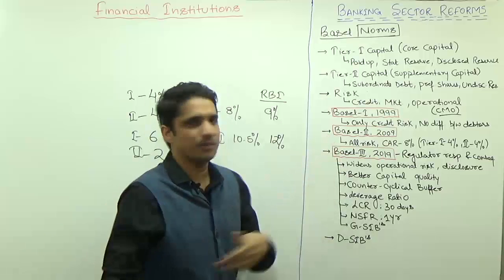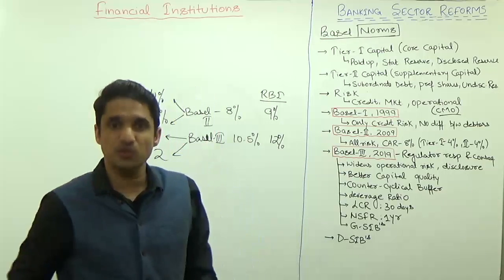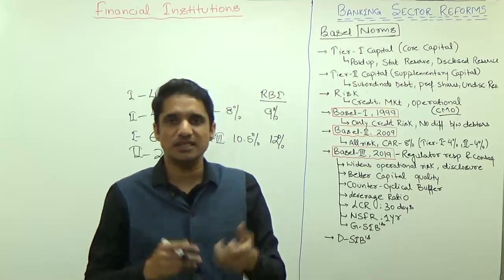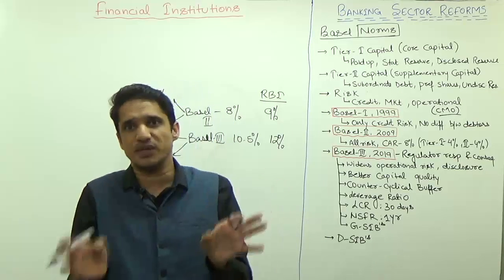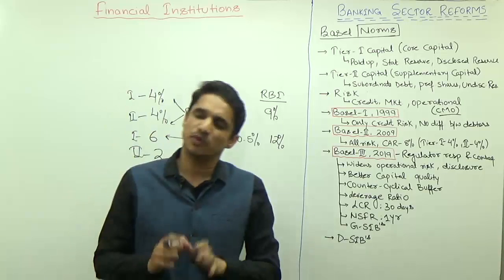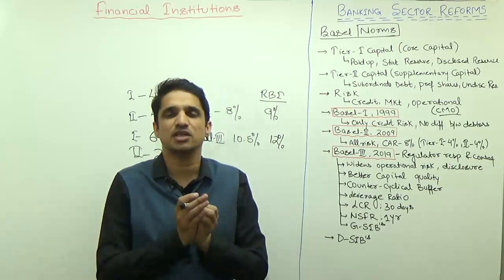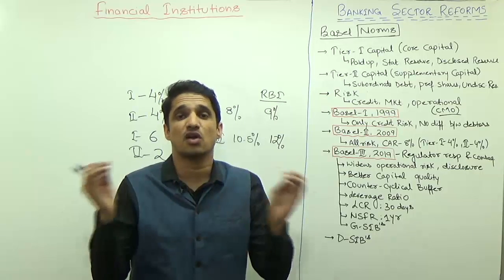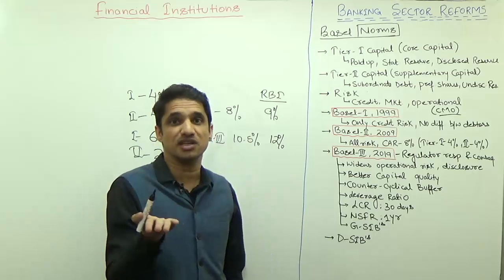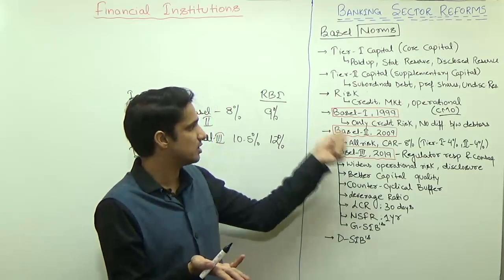Because Basel 2 failed, the regulatory lapses and the consequences led to Basel 3 norms. The recession came because of the banking sector, and we already had this Basel 2 norm.